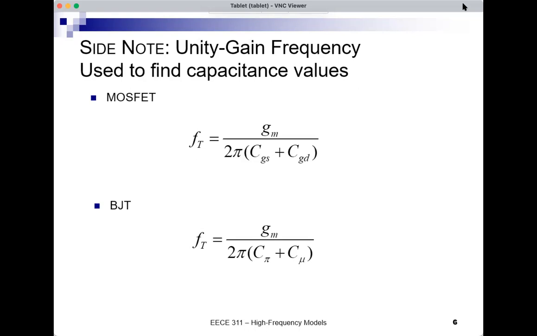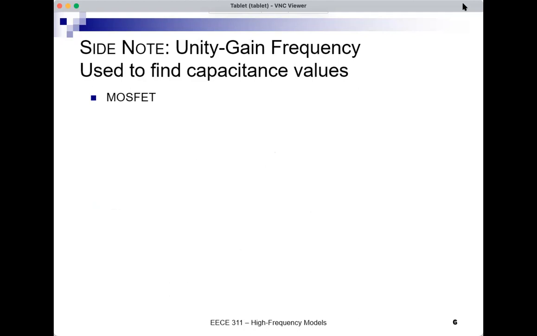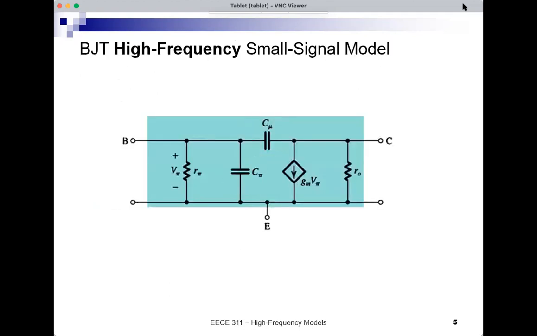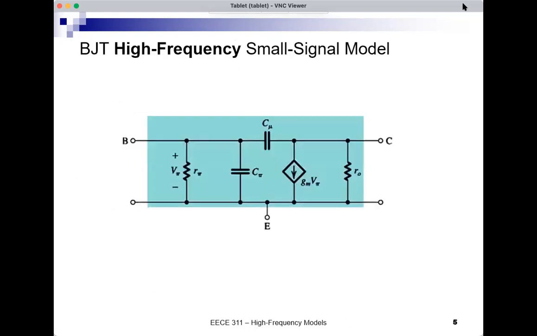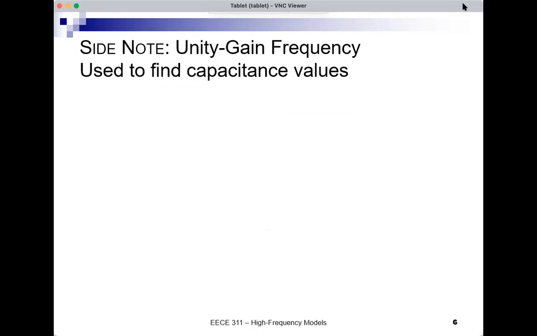So that was a side note just to introduce this quantity called unity gain frequency, FT, as you may use it sometimes to solve some problems. All right, so now we know that for the MOSFET, I have the three capacitors, and for the BJT, I have the two capacitors, and they would affect my amplifier response.